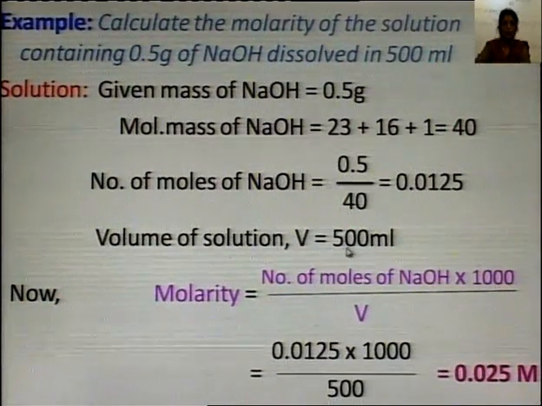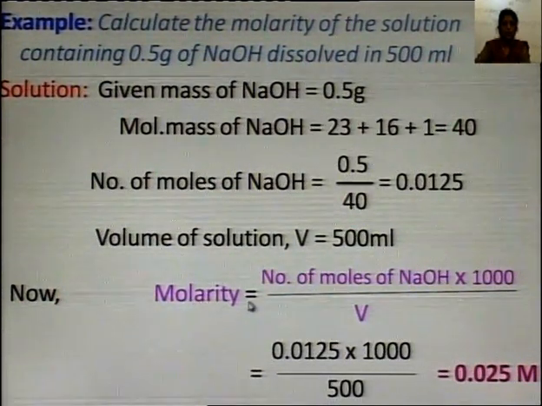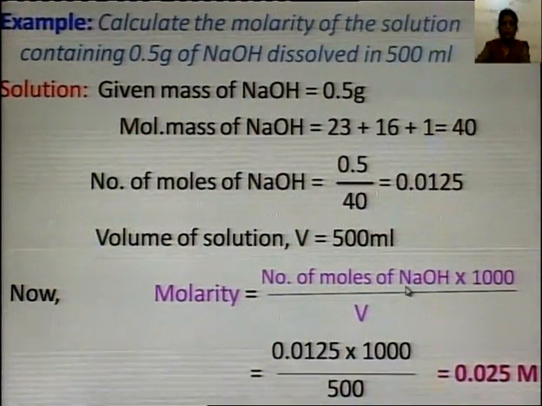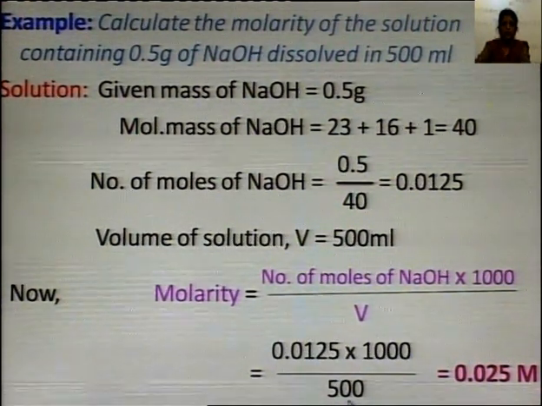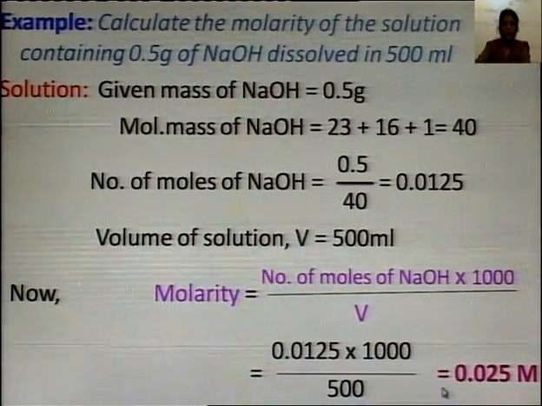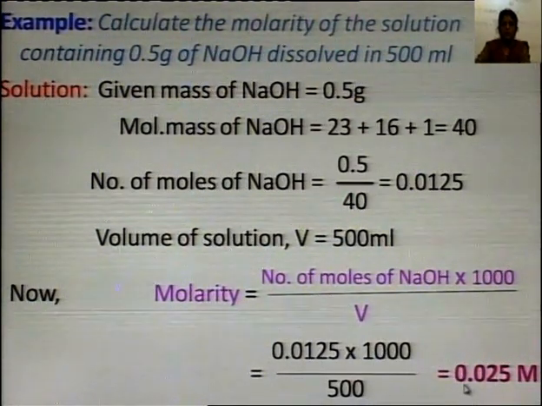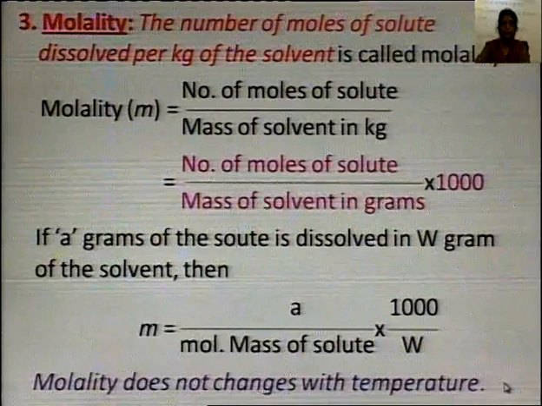Volume of solution is 500 ml. So, molarity is number of moles of sodium hydroxide into 1000 upon V, where V is 500. So, molarity of the given solution is 0.025 M.